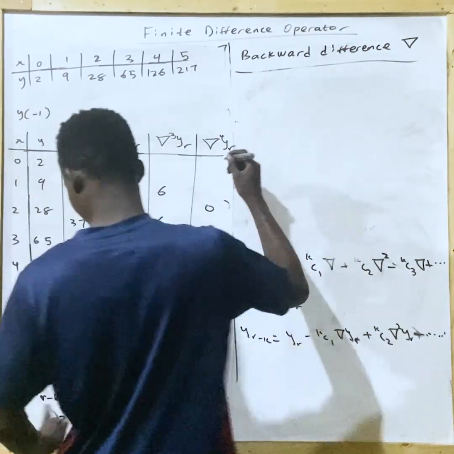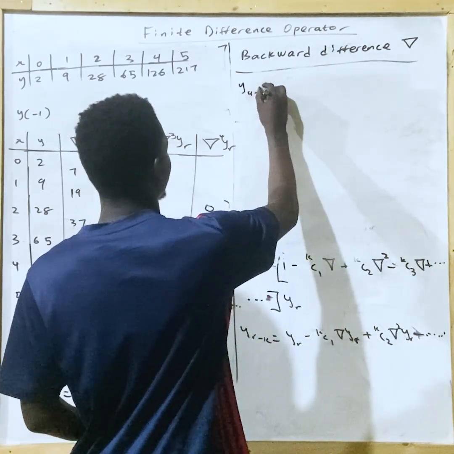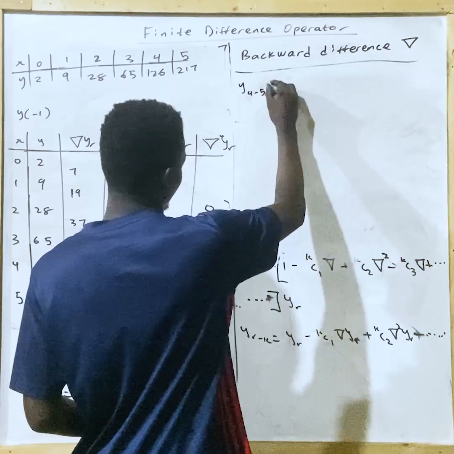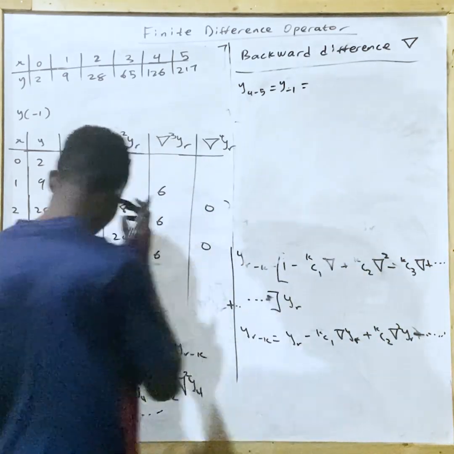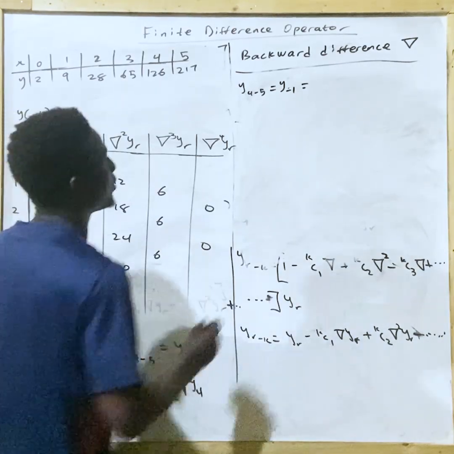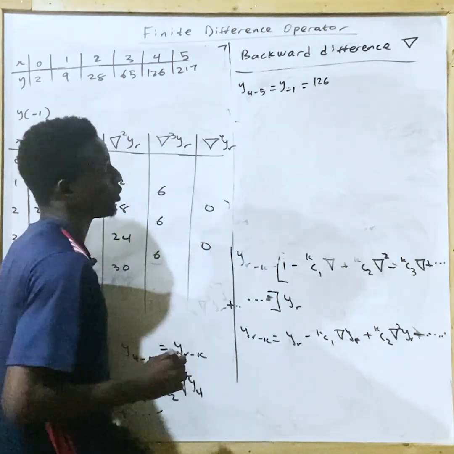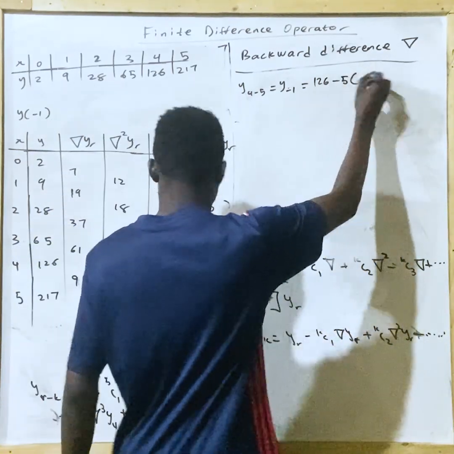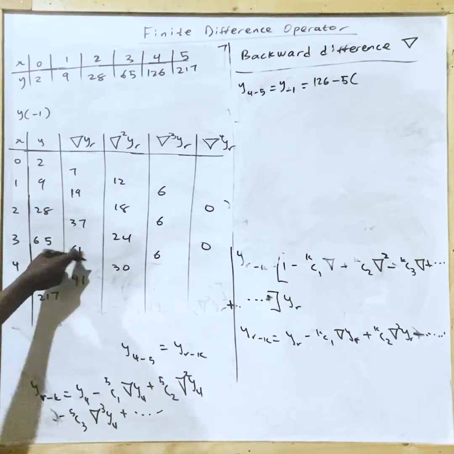So for me I have y4 minus 5, which is also y minus 1, equals y4, which is 126, minus 5 combination 1, that is 5 in bracket. What's the backward difference of y4? It is 61.